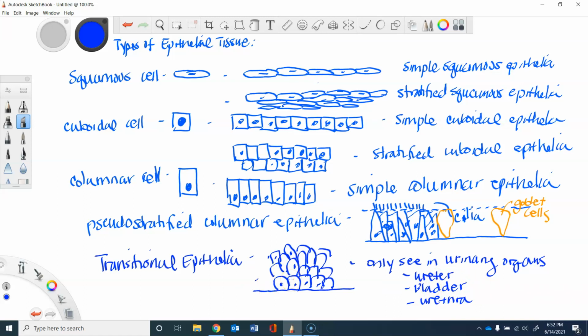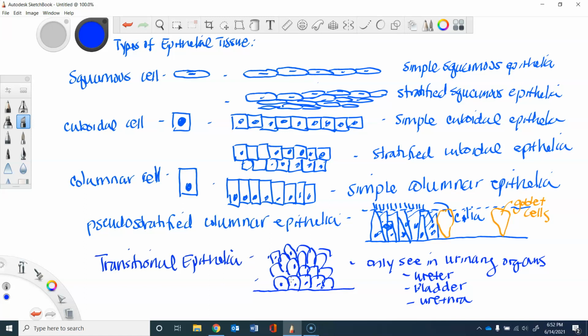The transitional epithelia doesn't have the regular functions like the protection or the absorption or the secretion or anything like that. Its main function really is that it can stretch out and snap back to its original position. So if you think about your bladder, when your bladder is empty, those cells look all bubbly and nice.